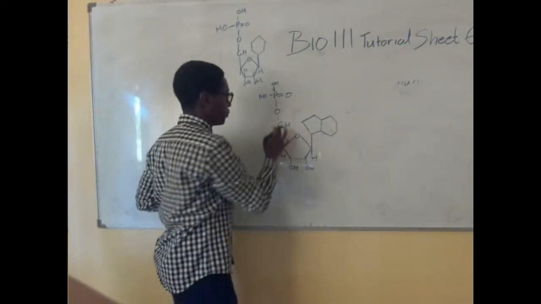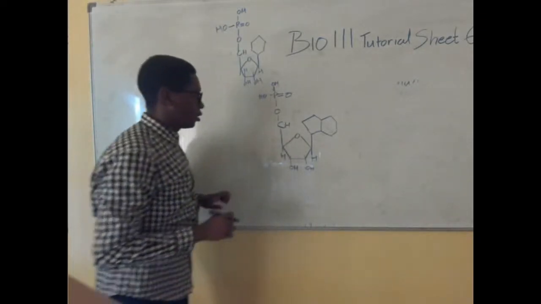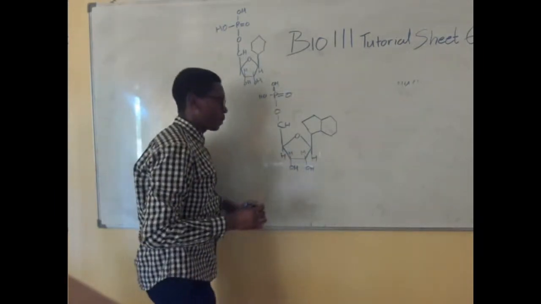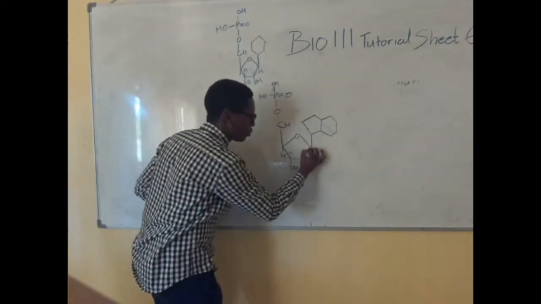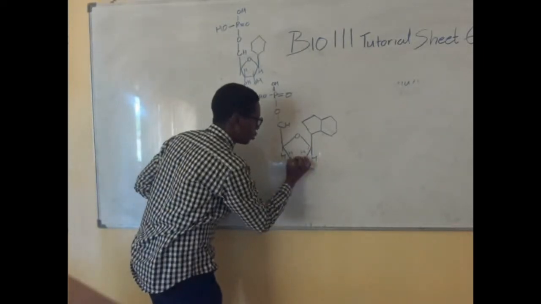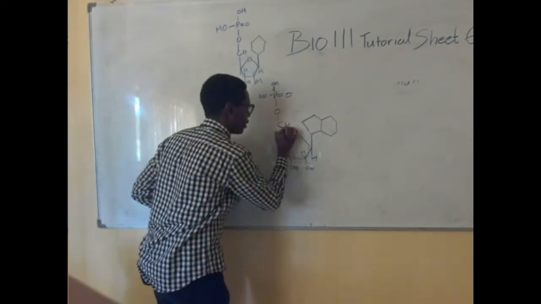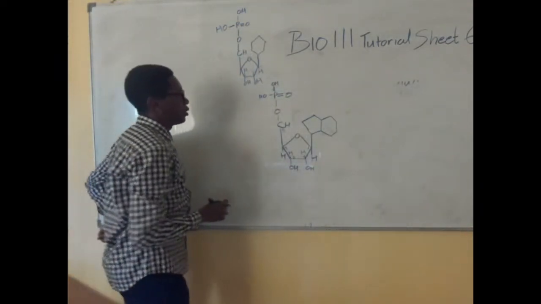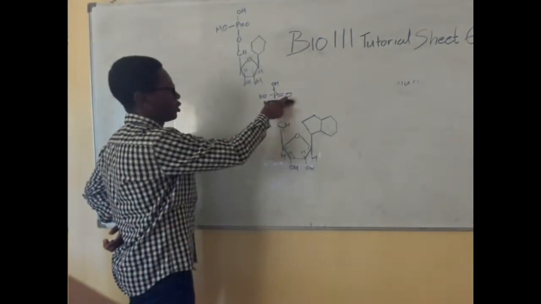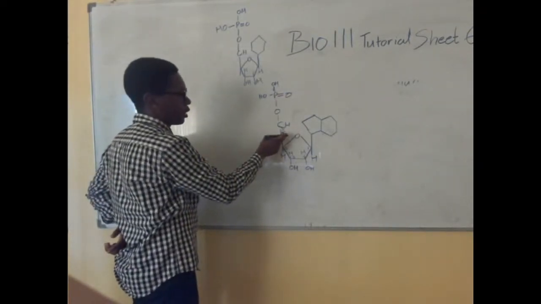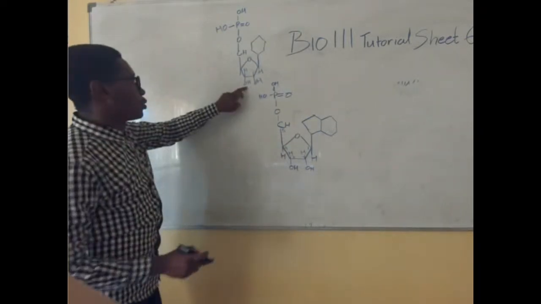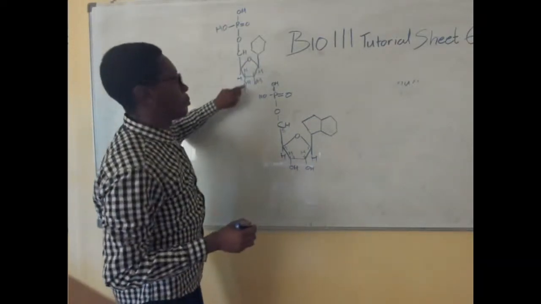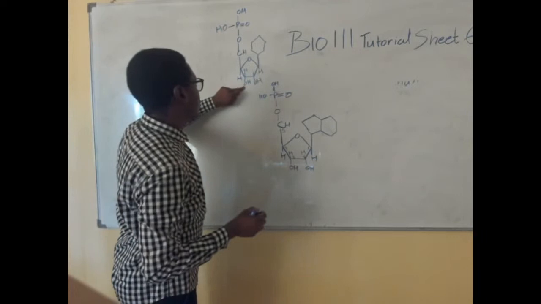Now, if you recall, in a pentose sugar, we start numbering our carbons from here: 1, 2, 3, 4, 5. The reaction is going to happen between the phosphate group, which is connected to carbon number 5, and the hydroxyl group, which is connected to carbon number 3 in the other nucleotide.